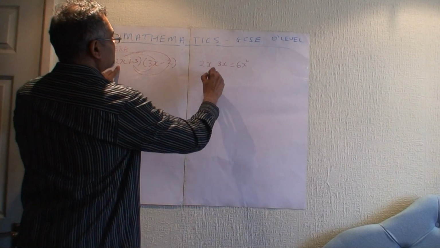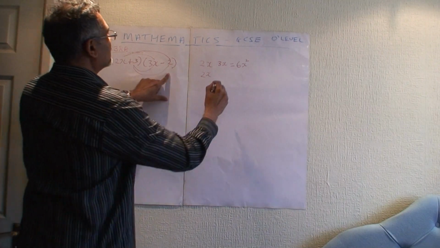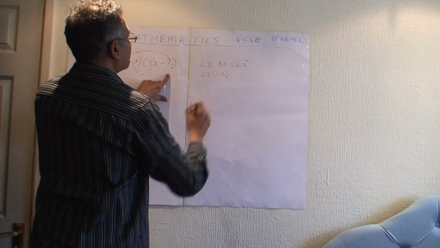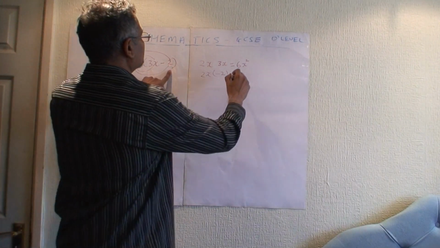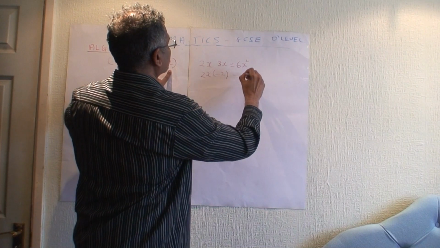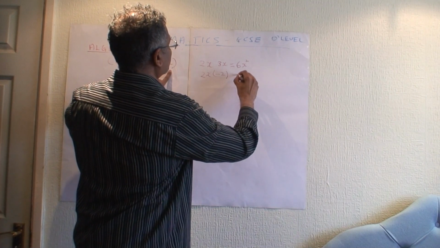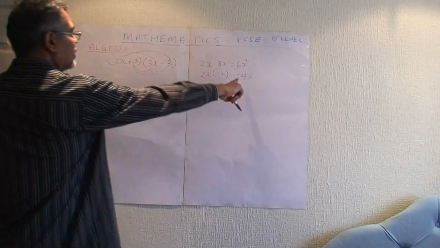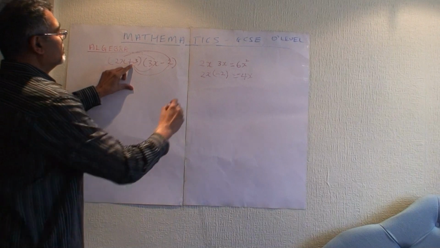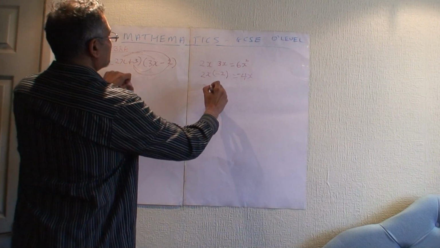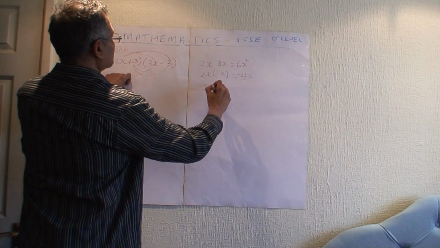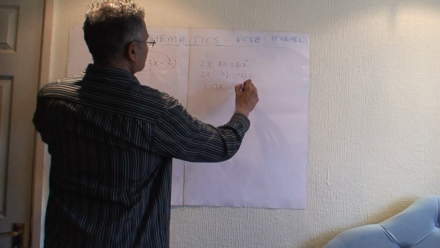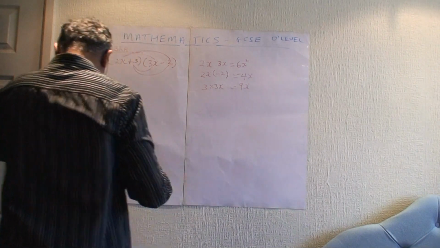2x multiplies by minus 2, so that gives you minus 4x. Then 3 multiplies by 3x gives you 9x.